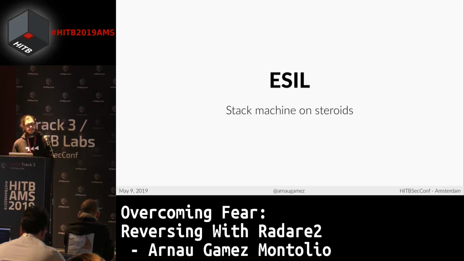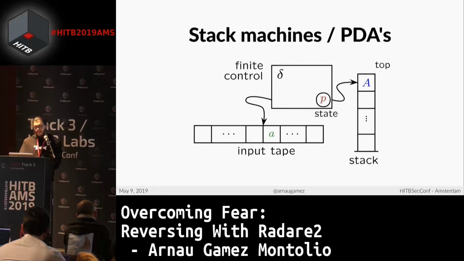So I would describe the parser that's running behind ESIL as a stack machine on steroids. And I will go straight to describing what a stack machine is. This is theoretical computer science, which is super cool. And I see your faces, that you are really interested in automata and all kinds of stuff.